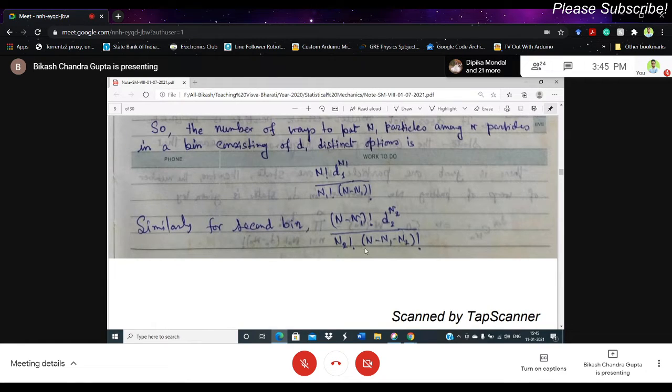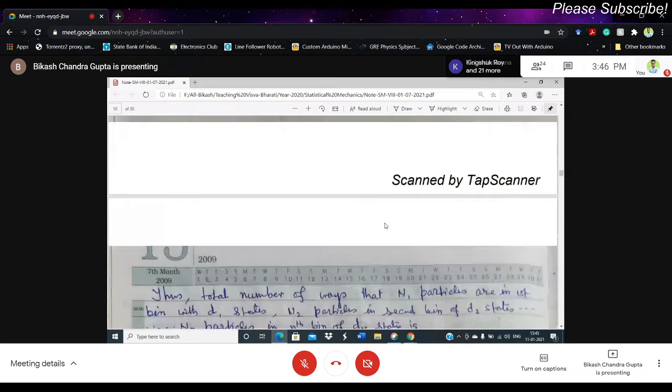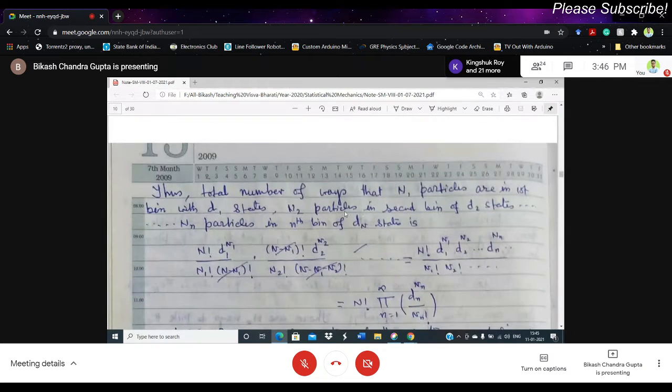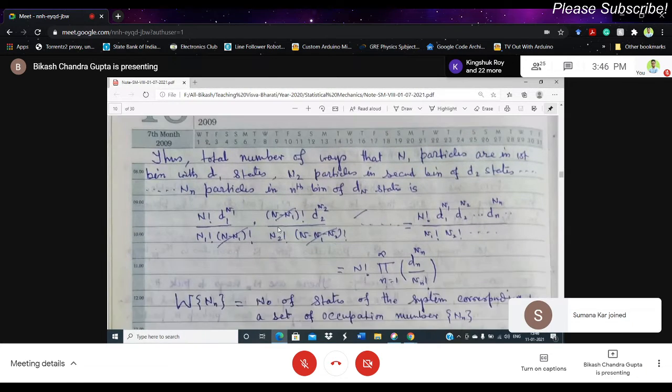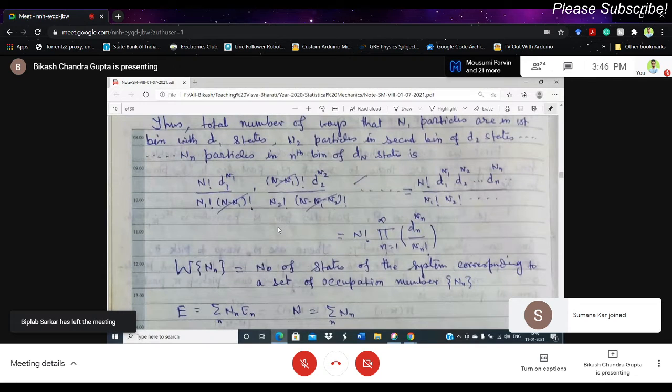You take the product, similar to what we did for the first bin, and you do the same for the second bin.